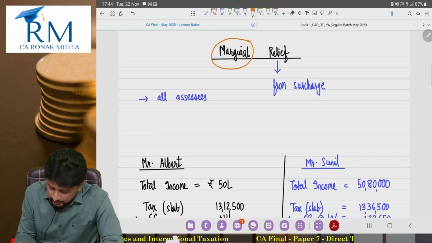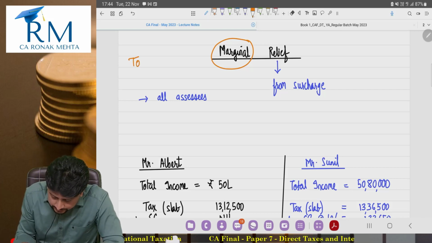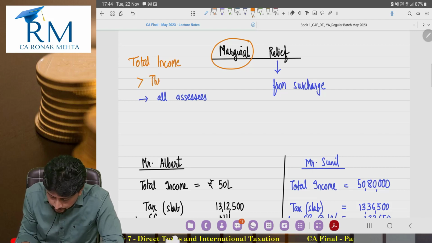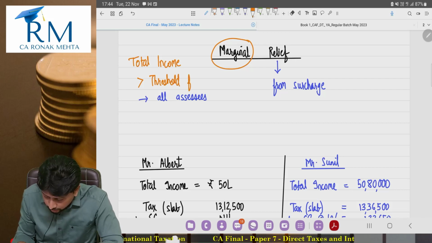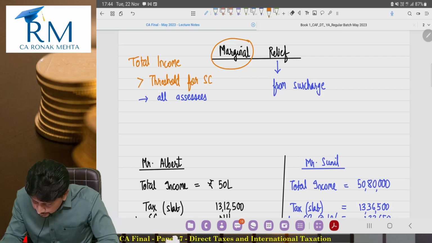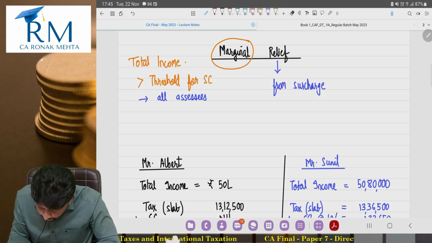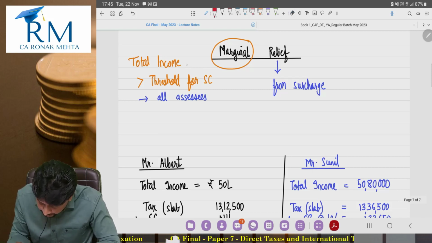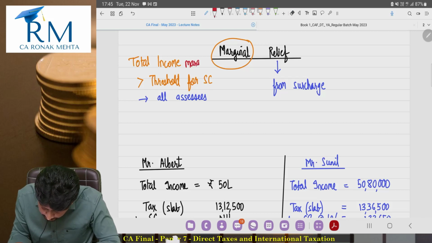Meaning, the word marginal indicates that my total income, yes, it is greater than the threshold for surcharge to apply. But the important word is that my total income exceeds it just a little bit, marginally.